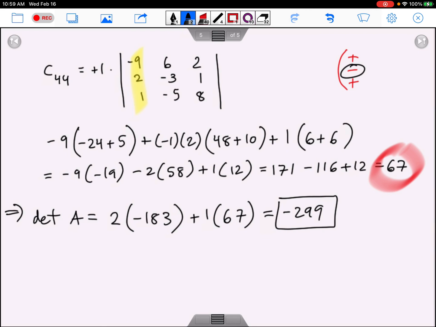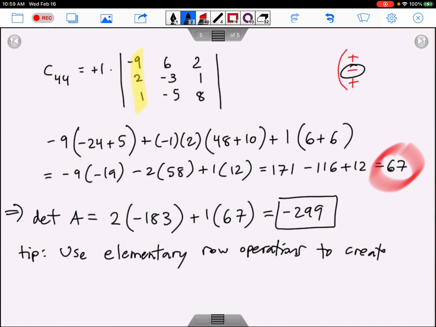So let me write this down as a tip. We can use elementary row operations to create more zeros and speed things up a little.